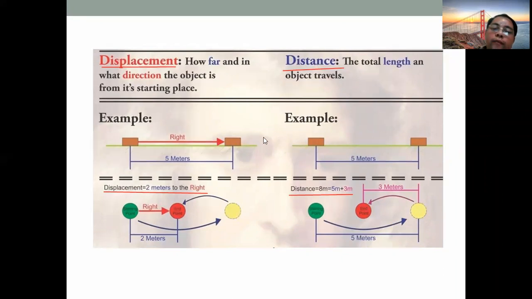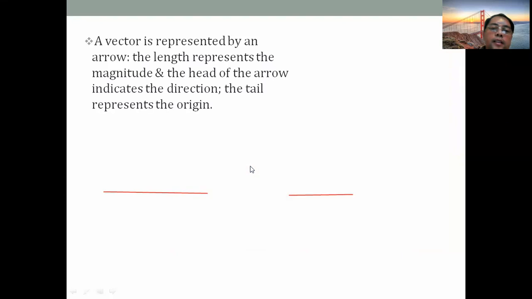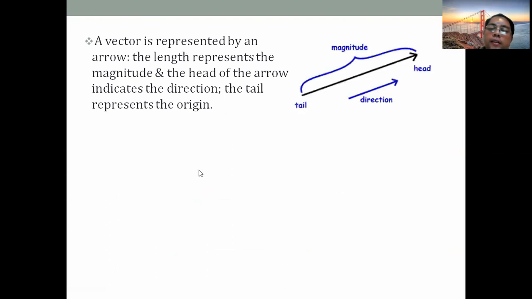Okay, next item. So we indicate our vectors, guys, by using an arrow, and its length is usually critical. How long the arrow is, is critical to the magnitude of our vector.